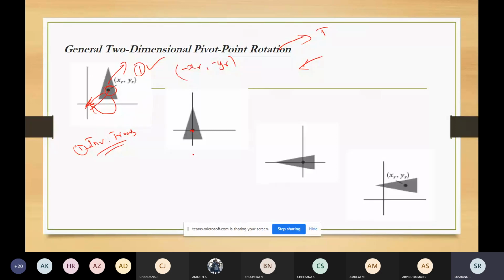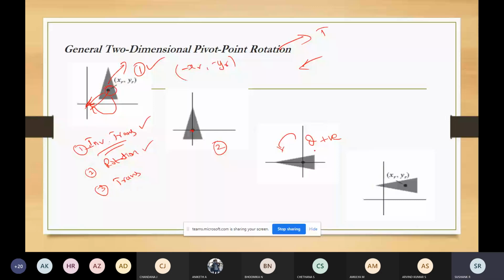Once it is moved to the origin, the second step is rotation. If it is moved in the anti-clockwise direction, theta will be positive. So move to the origin by performing inverse translation, then rotate the object. After the rotation is done, perform translation. Why translation? Because you want to move it back to the initial position.